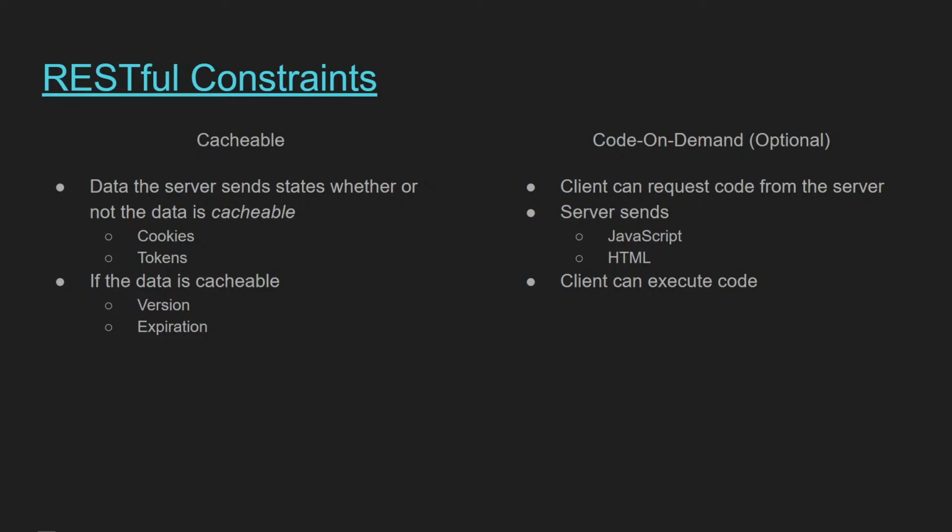So the server can tell whoever is requesting to keep that information for whatever amount of time. So that's what we mean by cacheable. So the next time you try and do that request, it'll actually pull it from cache instead of doing the full request. This allows things to be more responsive on the client side.